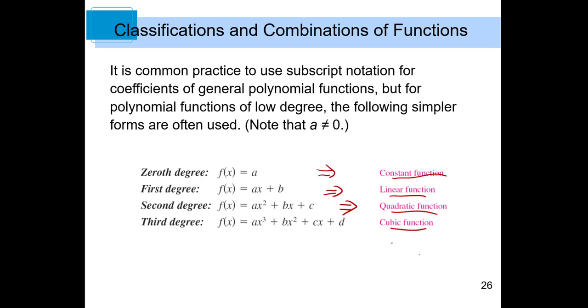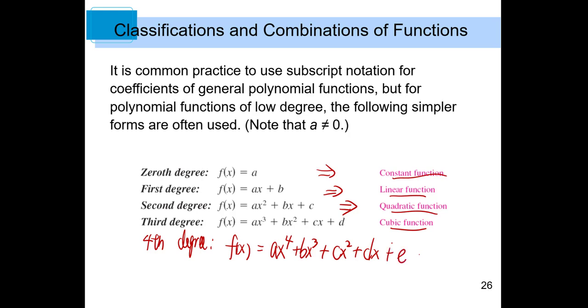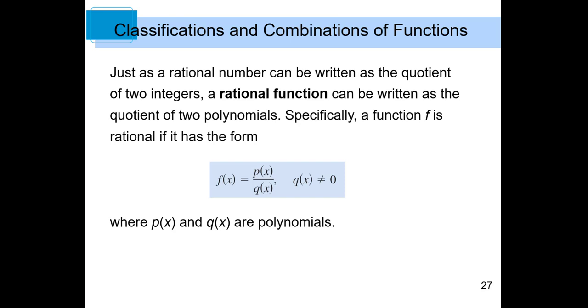Okay. And we can write more, right? Like fourth degree, f of x equals ax to the fourth plus bx cubed plus cx squared plus dx plus e, right? That is fourth degree. So the leading power determines the degree of the polynomial function. We also have a rational function. The rational function basically is a polynomial function over another polynomial function.